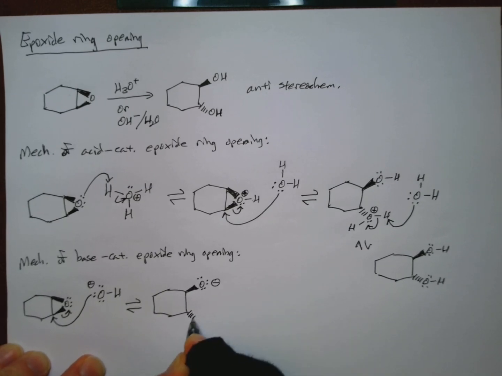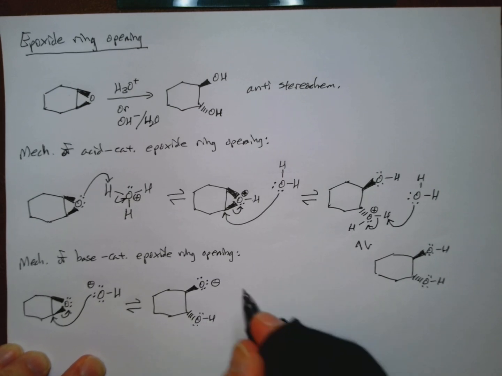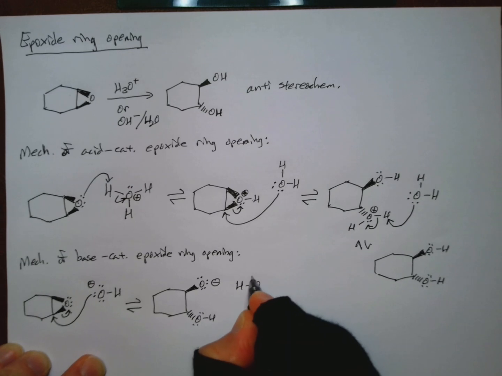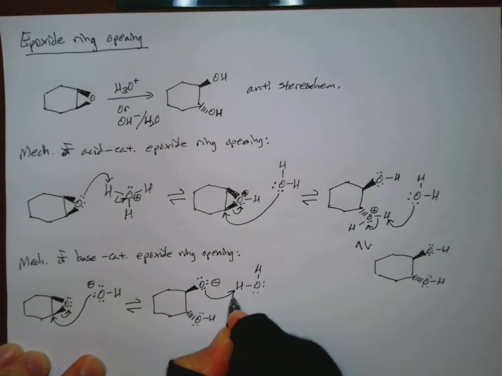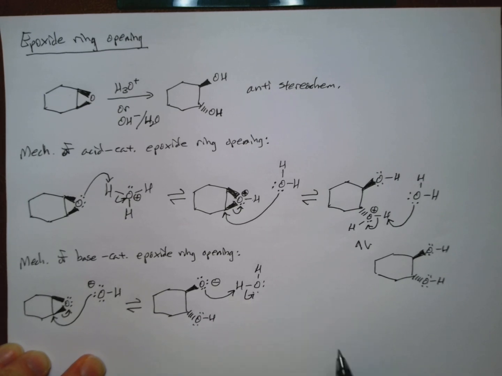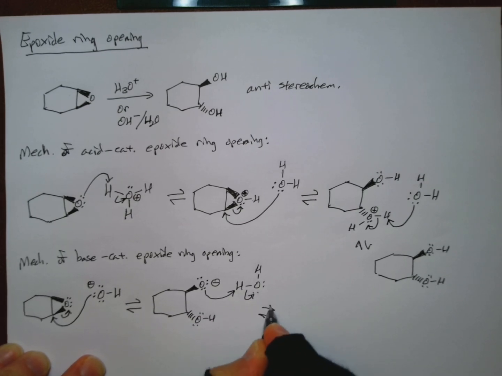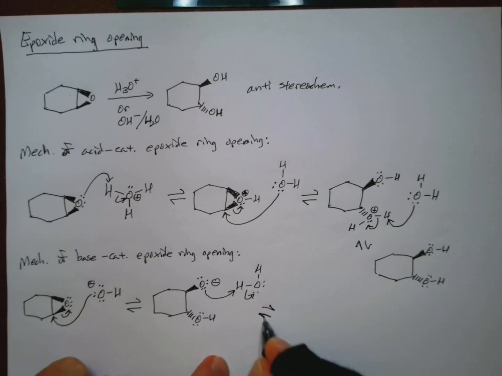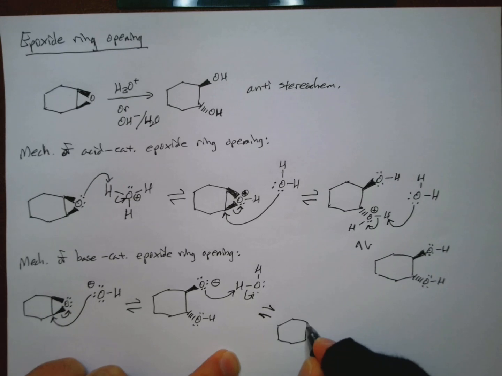Give me that, and then OH. And now I've got water present, as I mentioned before. So I can pull a proton off of the water, and that now gives me my final product here, OH and OH.